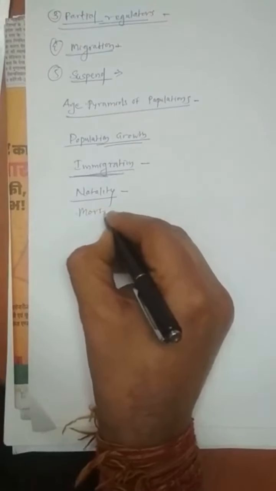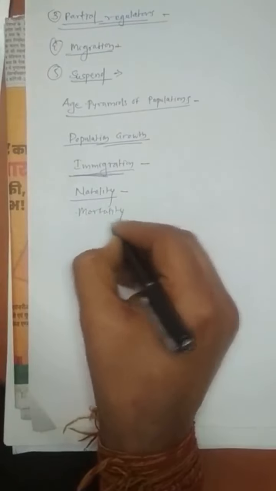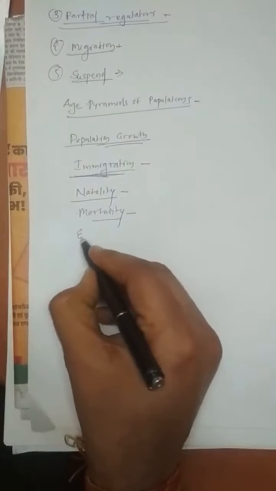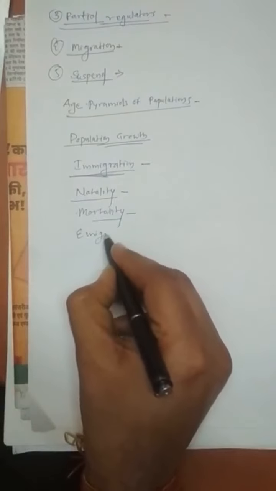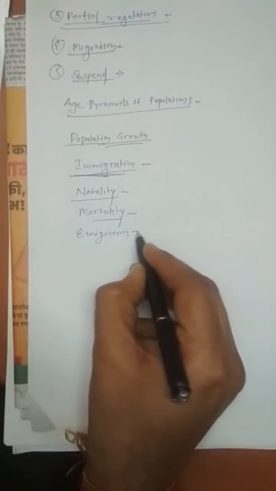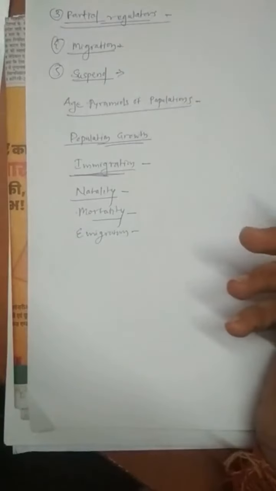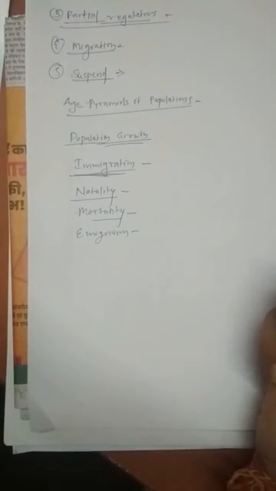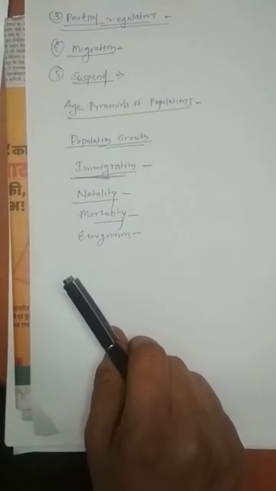Mortality, the number of deaths in the population during the given period, and emigration, the number of individuals of the population who left the habitat and gone elsewhere during the time period under consideration.